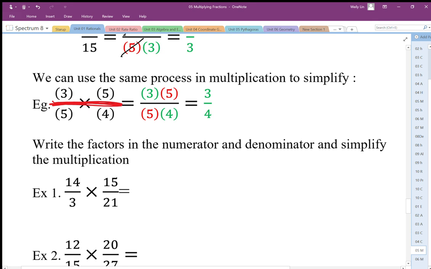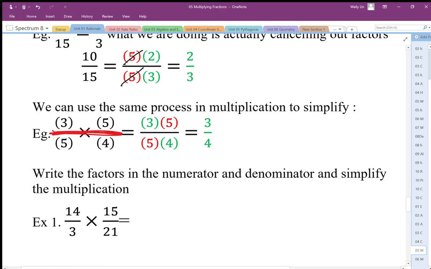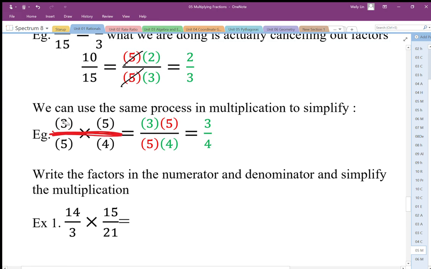And it doesn't matter that it's 3 times 5 over 5 times 4. I still have a times 5, a divide 5. It doesn't matter if they're diagonal like this or right above each other like this. Because I'm seeing this as just one big fraction of times and divide, I know that I have my times and divides in the right spots, so I can just cancel out times and divide like this and end up with 3/4.